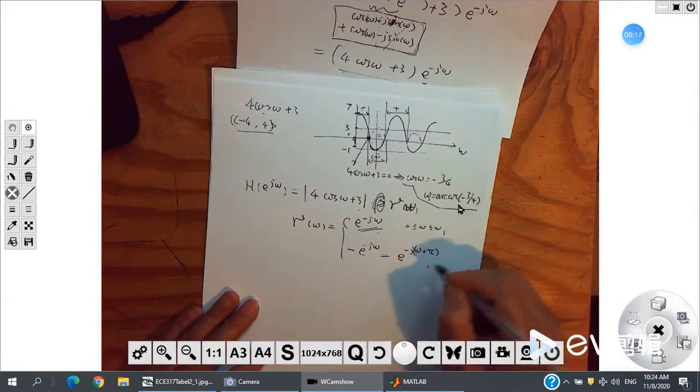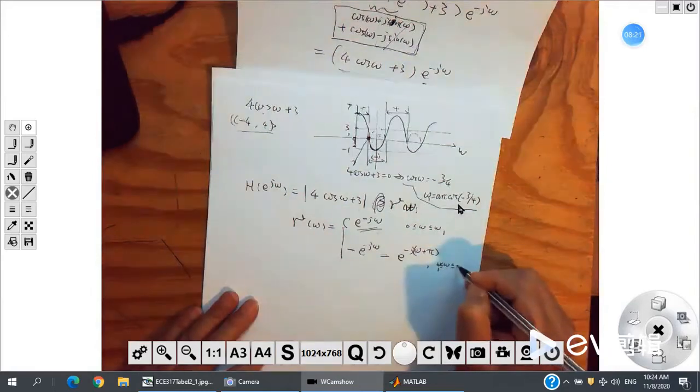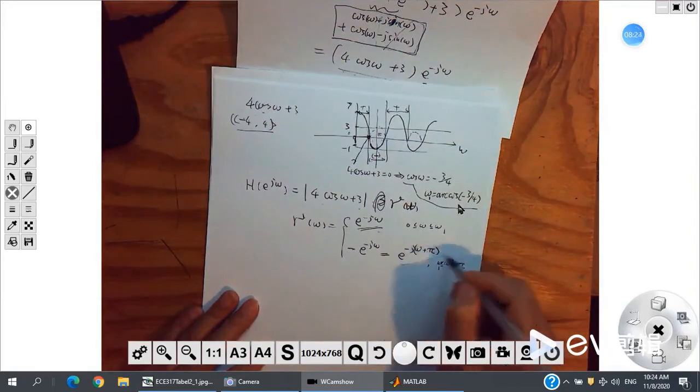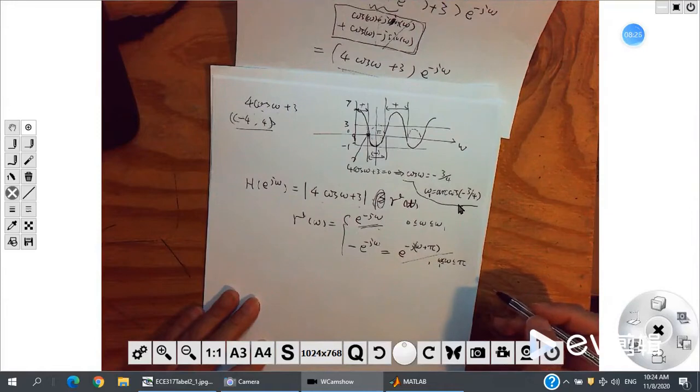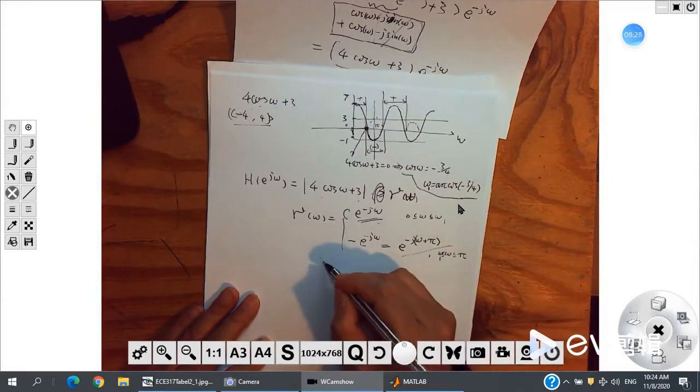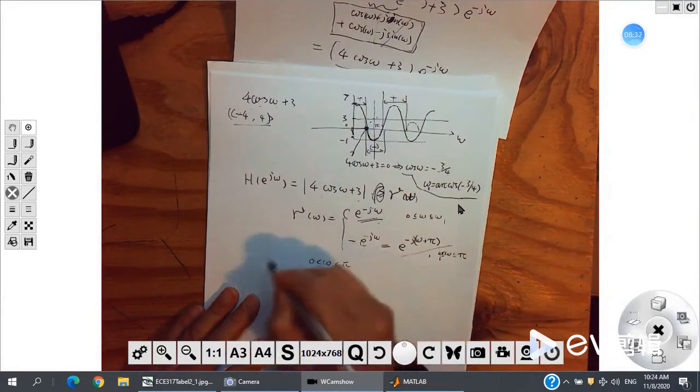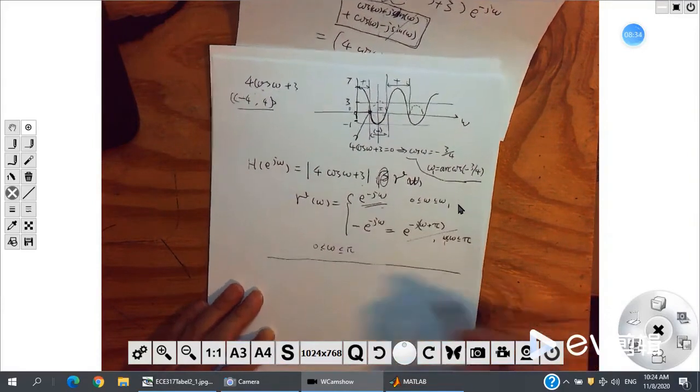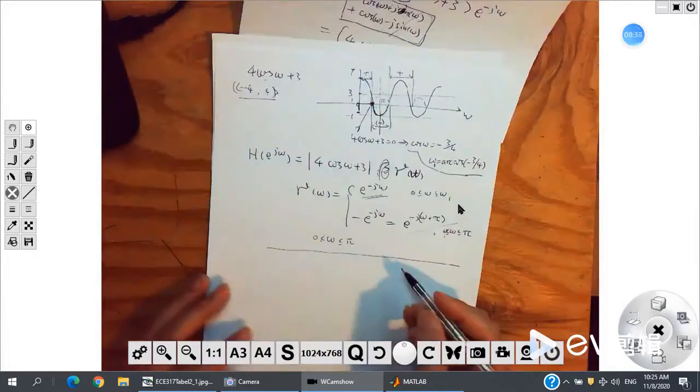So here omega is larger than omega 1, smaller than pi, we use this one. And here we suppose omega is between 0 and pi. We only consider this part. Alright, then we get our result.